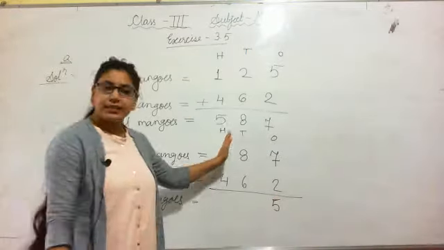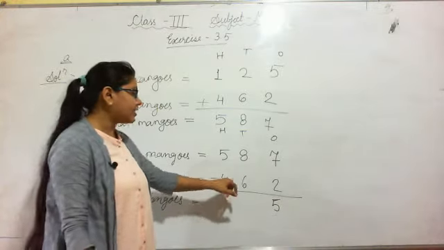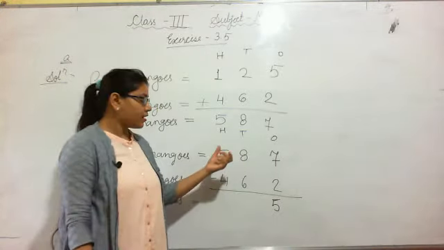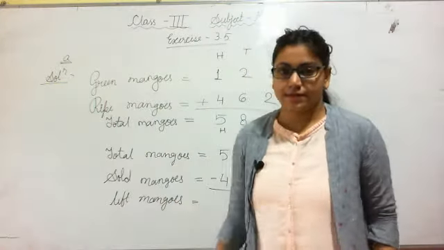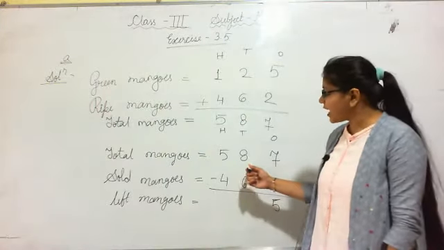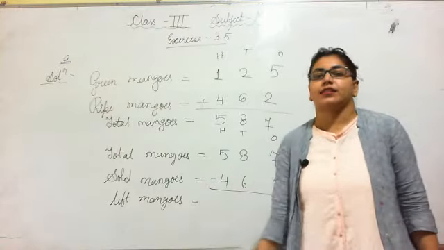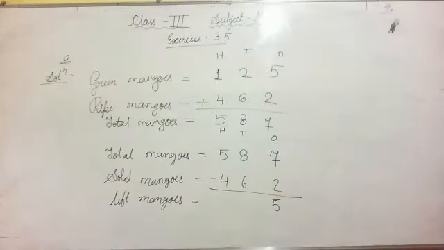Now moving towards tens column, 8 minus 6. So all of you open 8 fingers. Now minus 6 is there. So take away or remove or close 6 fingers.